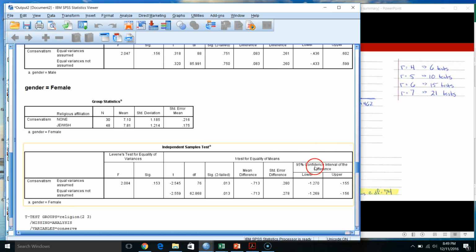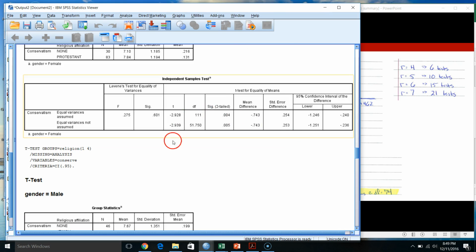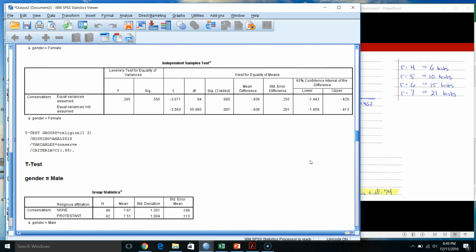Okay, so to recap here, we're seeing that our unaffiliated women are scoring lower levels of conservatism than all three of our female religious groups, but only one of these, the unaffiliated and the Catholic women, has reached our threshold for statistical significance given all of our corrections here.